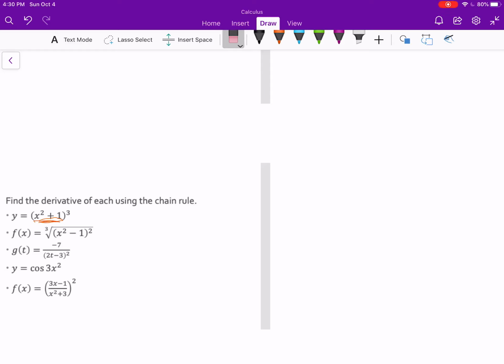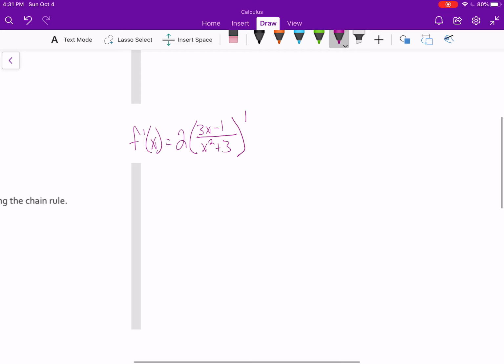And for a longer one, you could go ahead and multiply this out since it's only a squared, but let's just leave it for right now so we can practice our chain rule. So f prime of x equals, we bring down the 2, and then 3x minus 1 over x squared plus 3, now to the first, and I'm going to need more room, times the derivative of the inside.